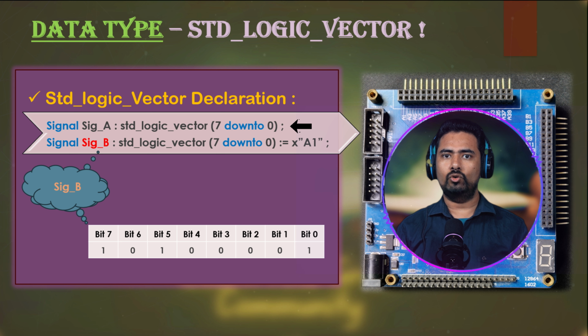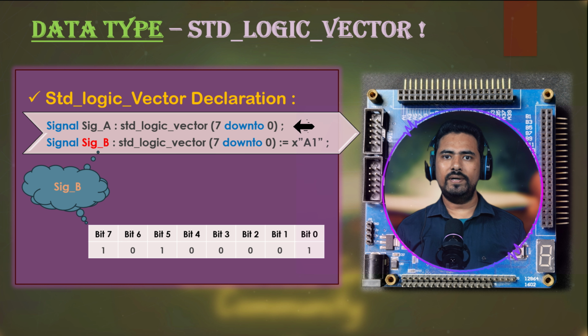Declaring a std_logic_vector is similar to declaring a single-bit std_logic signal, but with just a small twist. Since it is an array, you need to specify the number of bits in the vector using a range, and the keyword downto is used for it.